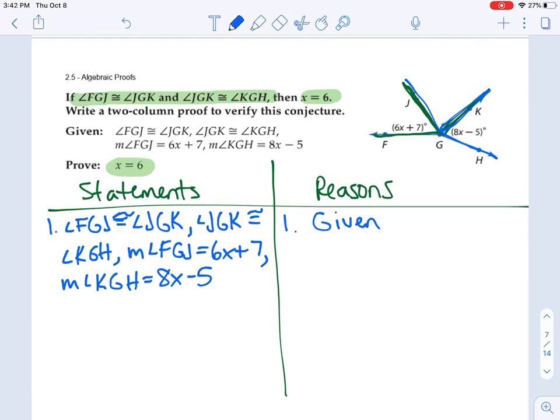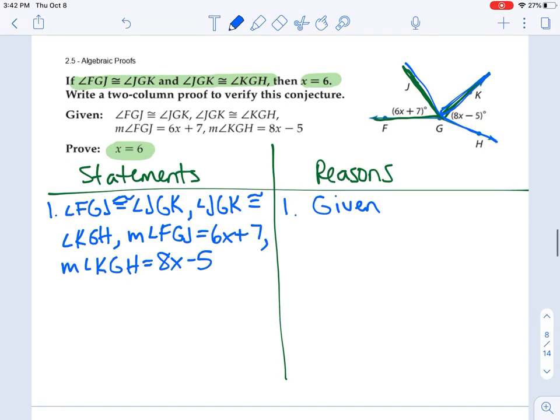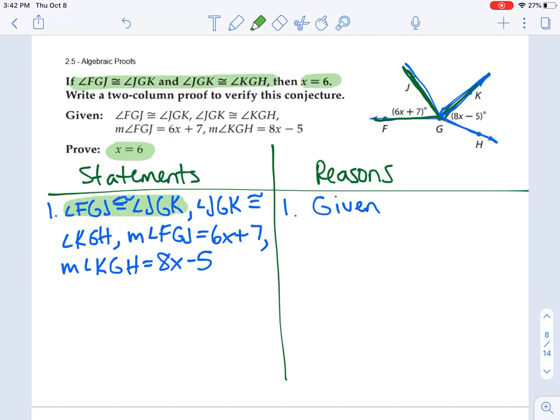Now if you recall, from way at the beginning of the school year, I told you that angles being congruent is different than the measures of angles equaling each other. So we need to make that distinction here, that congruent angles have the same equal measures.